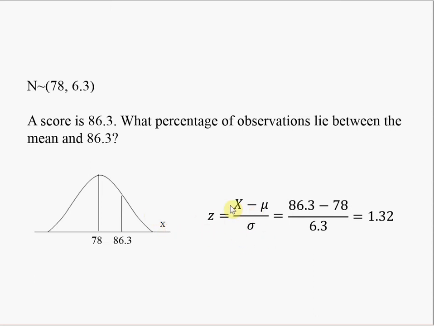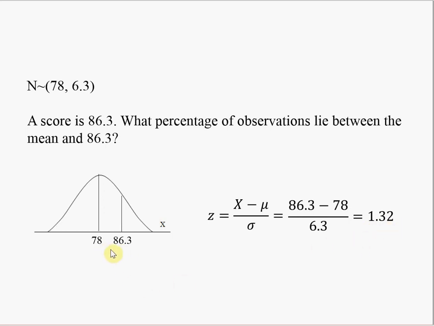You plug in the particular value of x, minus the mean, divided by the standard deviation. So we know 86.3 is 1.32 standard deviations above the mean. It's positive, so it's above the mean.